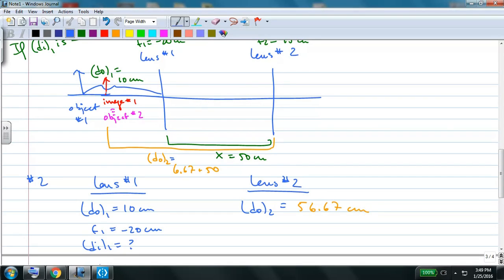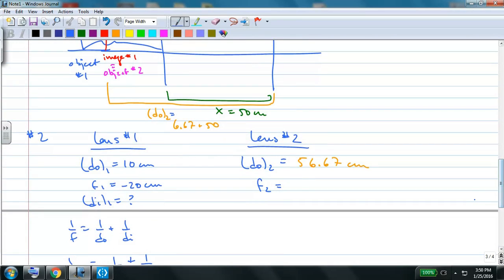We take the absolute value because we're really looking for this distance. The negative tells you it's on this side of lens number 1, but we're looking for this whole distance right here in orange. Okay, F2 is, what did we say it was? 15, is that right? 15 centimeters, yep. And I'm looking for DI2.